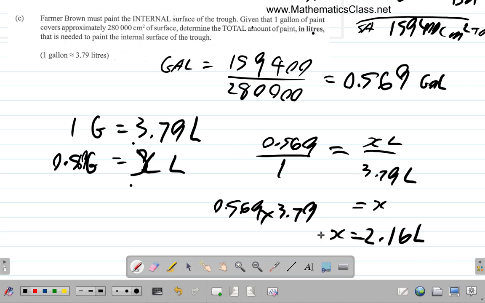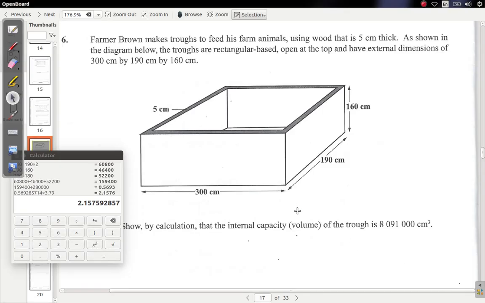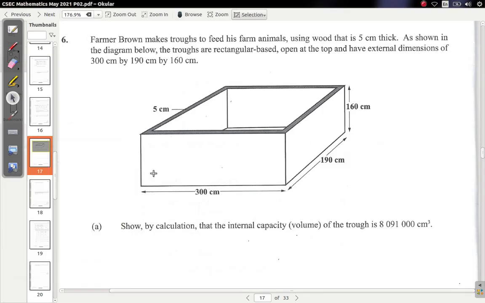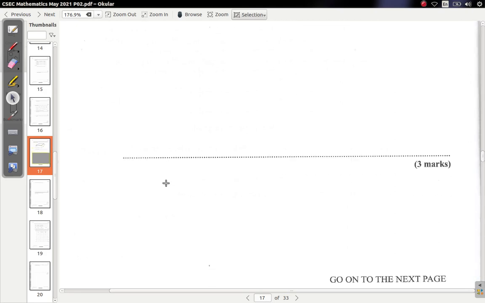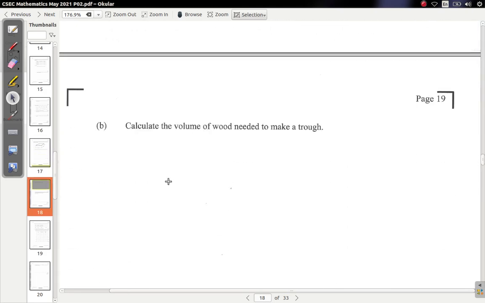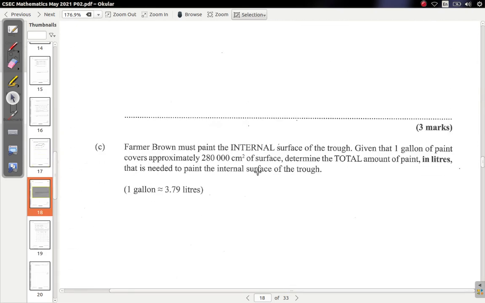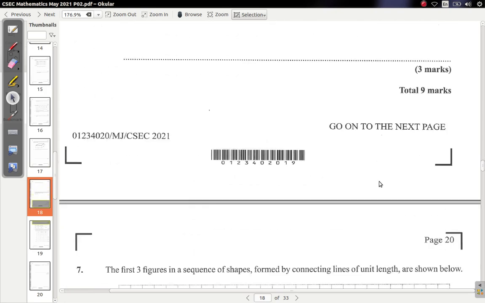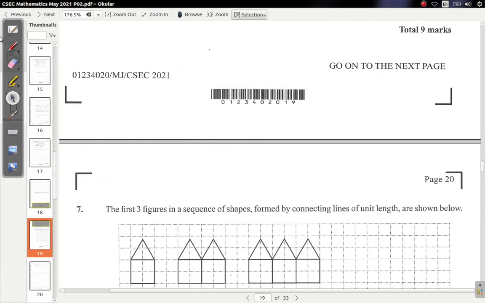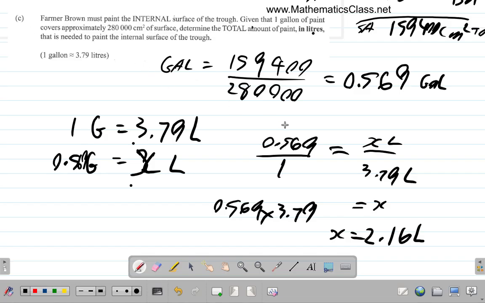All right? So that is that. Did I say anything else? Volume of wood, liters. Oh, that is it for question 6.